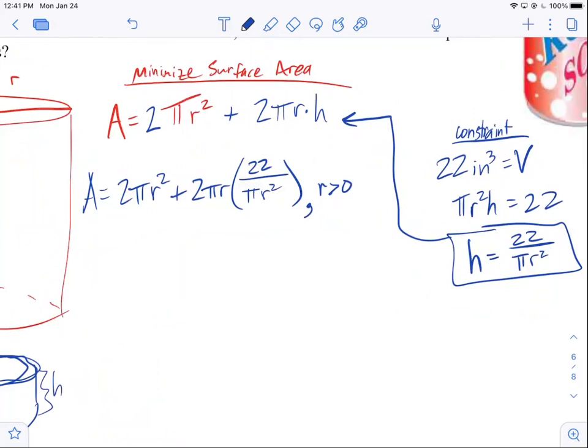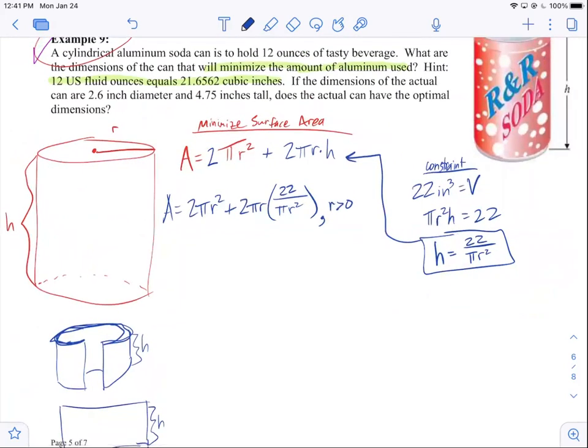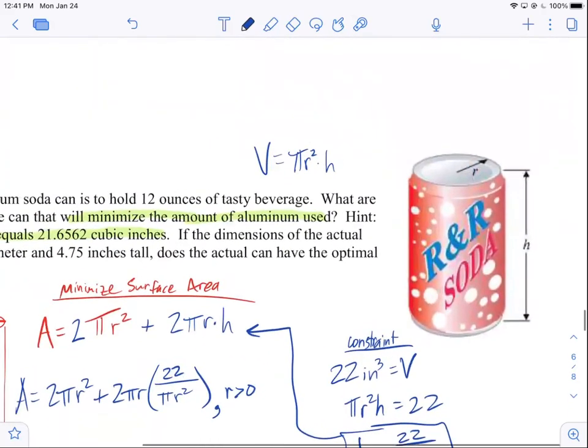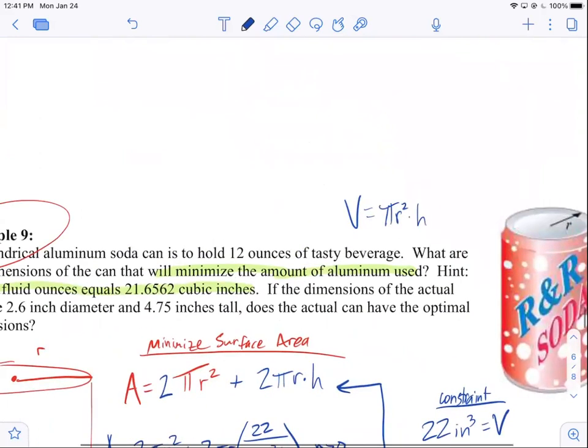Now, in this case, the upper bound, we don't really know what it is, and again, it's not super important, but I do know that when the height gets smaller and smaller, the radius can get bigger and bigger. So we're talking about quite a variety in cans. You can get cans like Red Bull cans that have a small radius and a really tall height. I don't like those tall, skinny cans because when you grab it, your fingers touch around the back end and it's kind of gross.